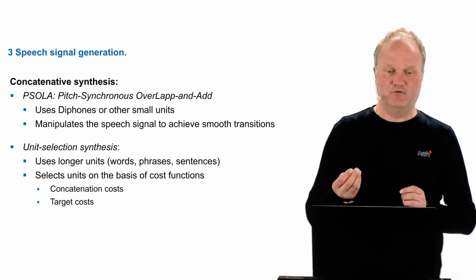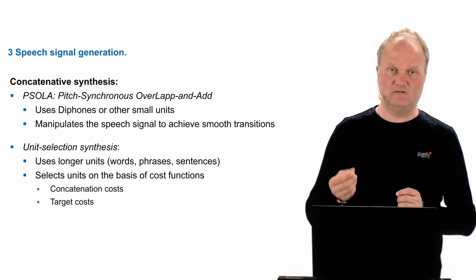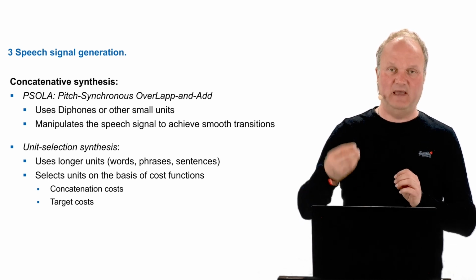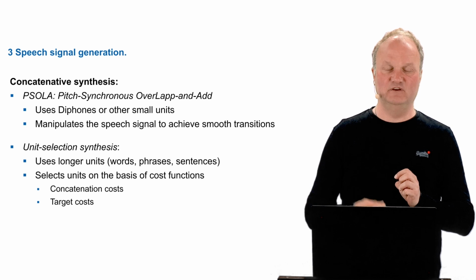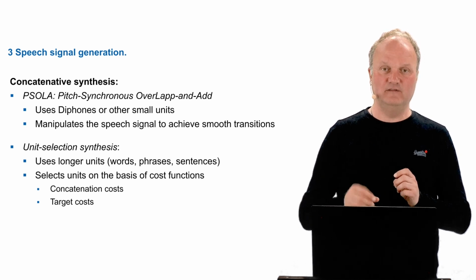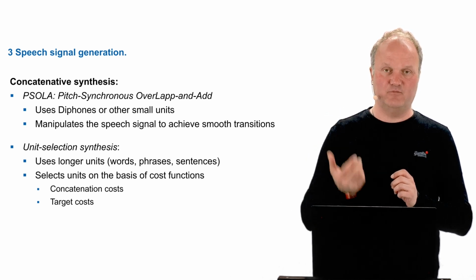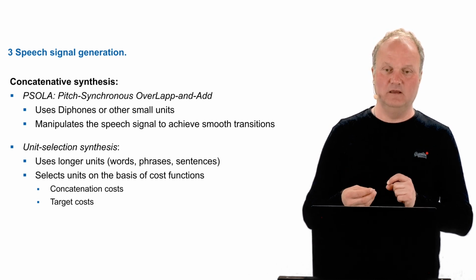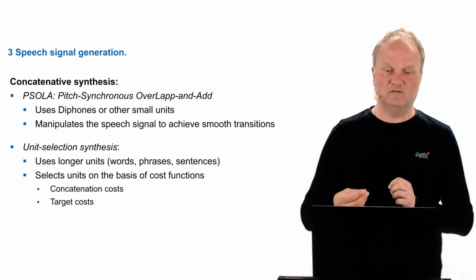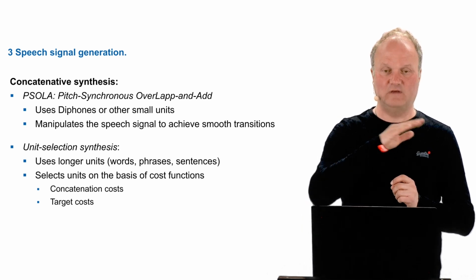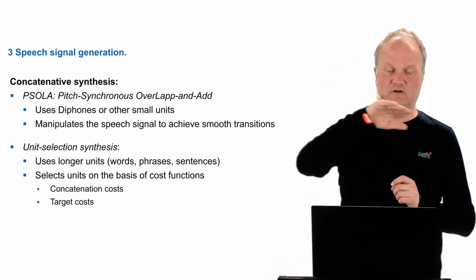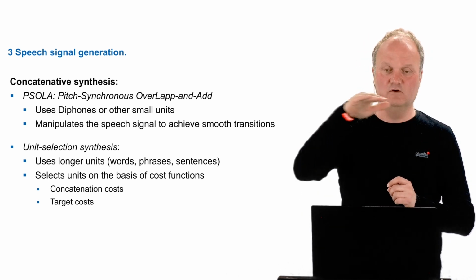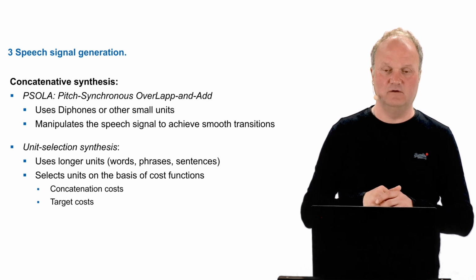The clue of this approach is then that you have to select from that inventory those units which best represent the speech signal to be generated by minimizing the manipulation of the prosodic information in the speech signal. So ideally, you would have different instances of a particular word, for example, one with a rising prosodic contour and another one with a falling prosodic contour and another one with a neutral prosodic contour in your inventory.